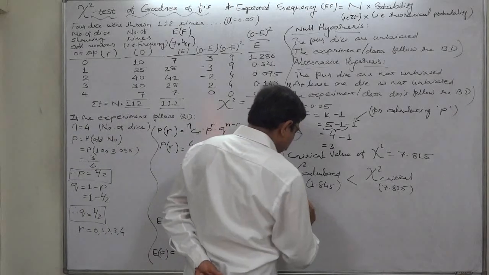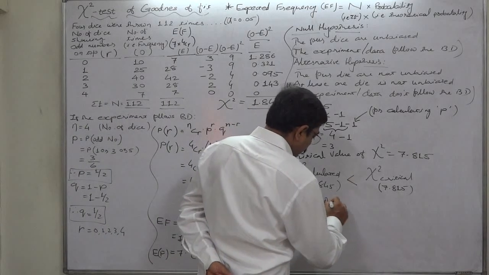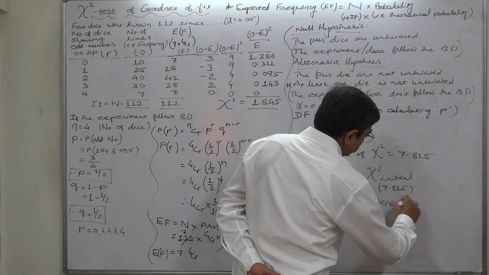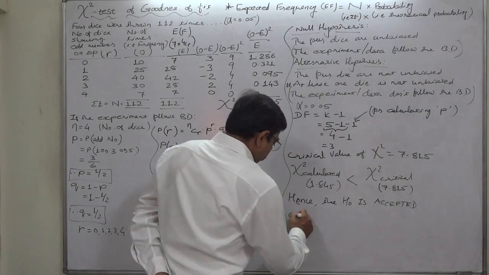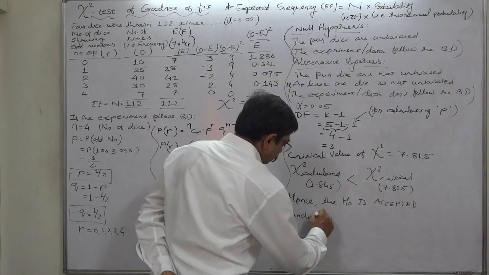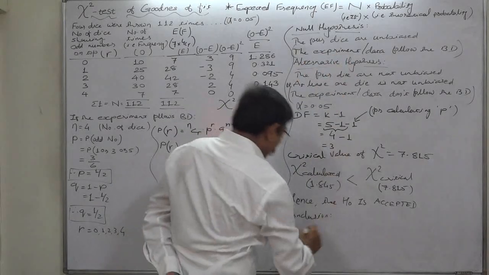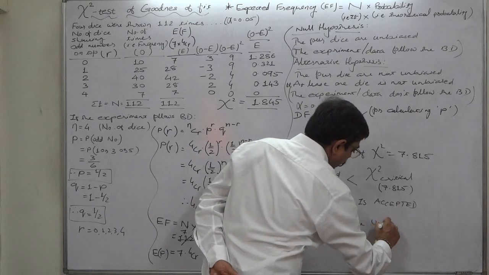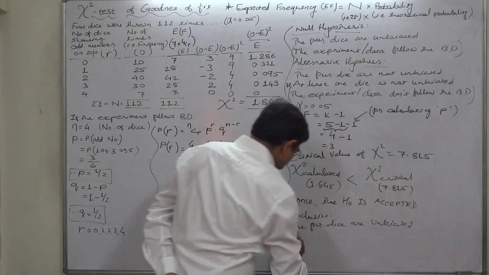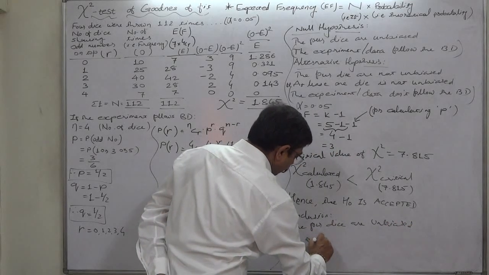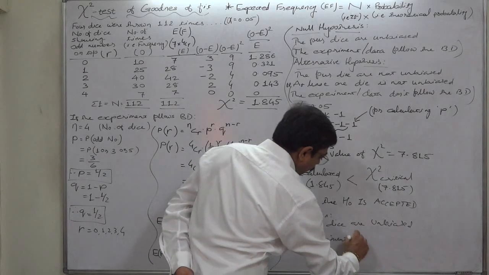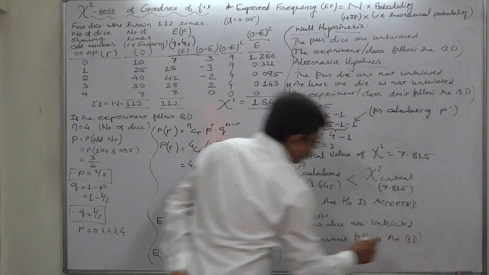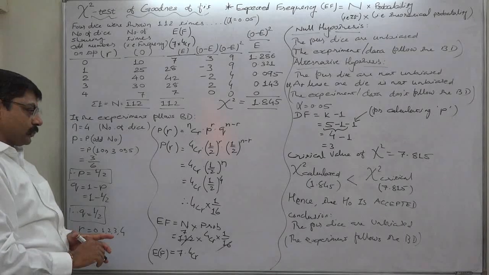Hence the null hypothesis is accepted. So we can conclude that the 4 dice are unbiased and the experiment follows the binomial distribution, or the data follow the binomial distribution.